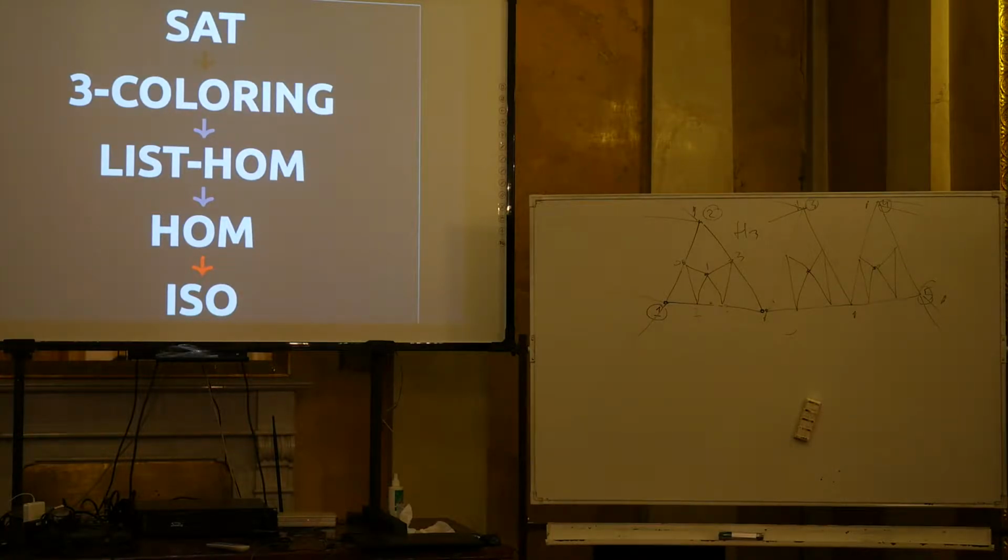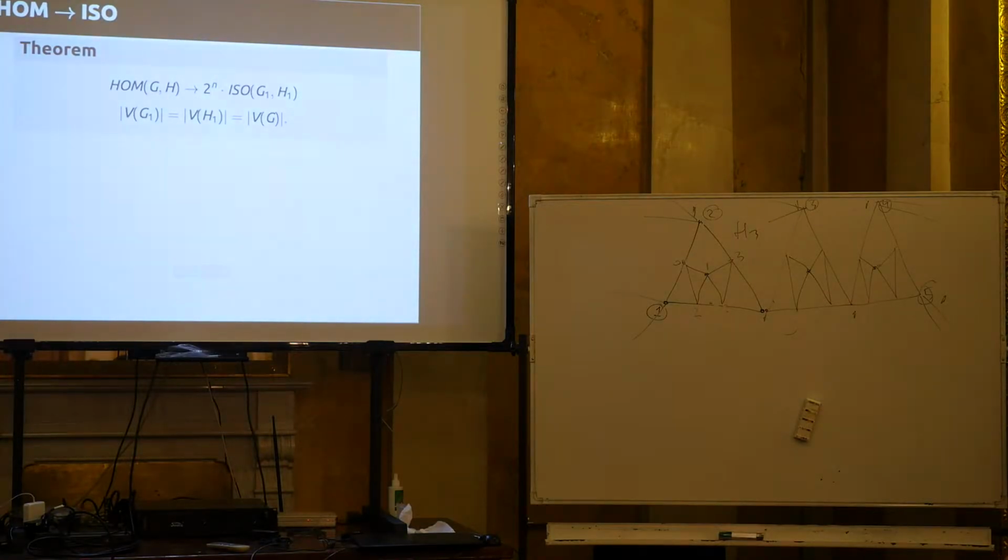Now, to confuse you even more, I will show you the last reduction first, from homomorphism to subgraph isomorphism. Okay, this is exactly a simple argument that Vanya already mentioned, with the one exception that here, I want to reduce homomorphism to 2 to the n copies of the subgraph isomorphism problem.